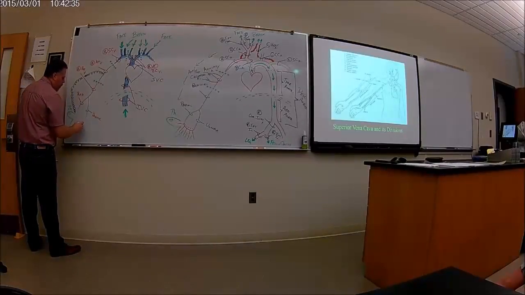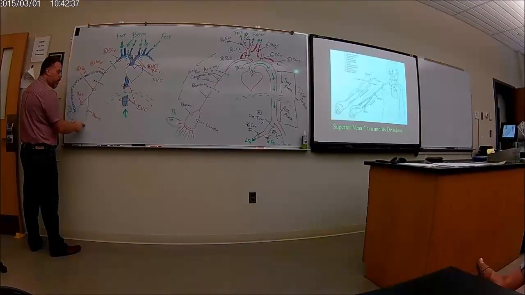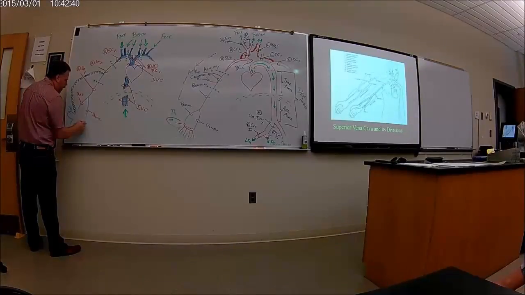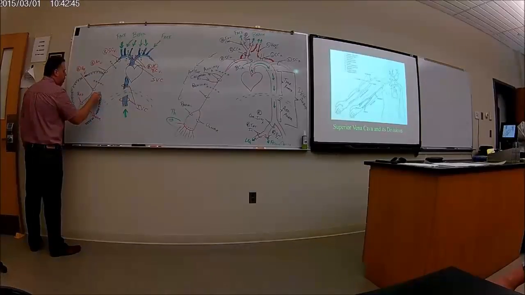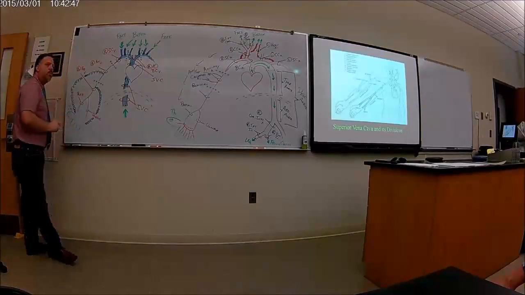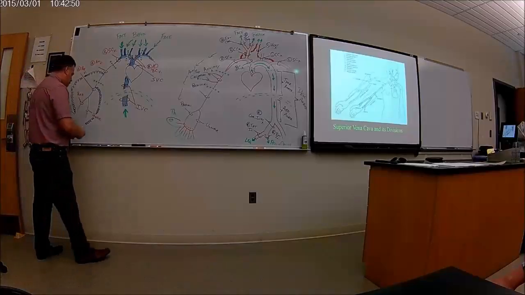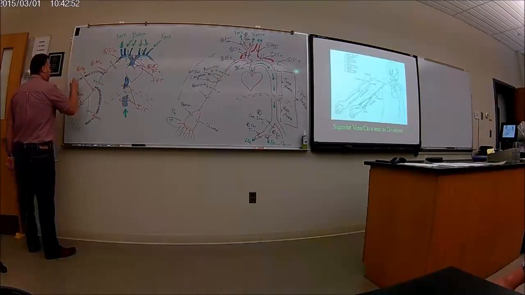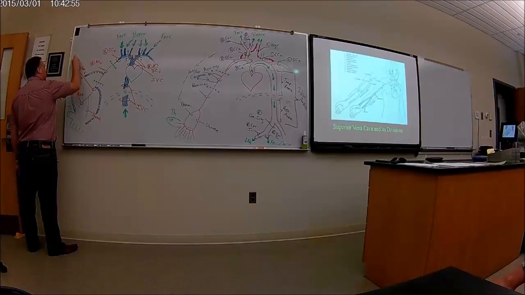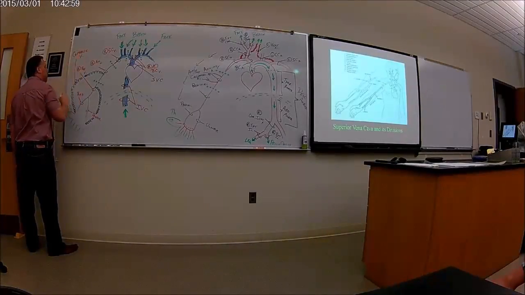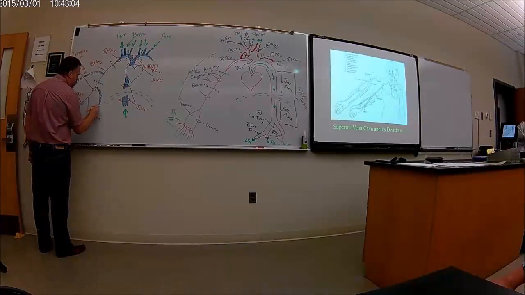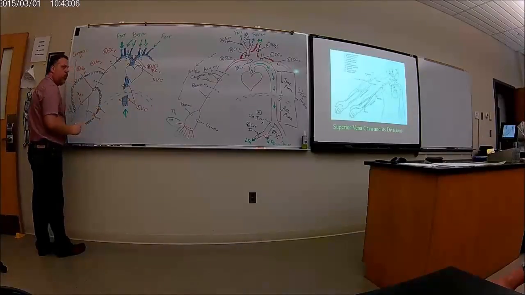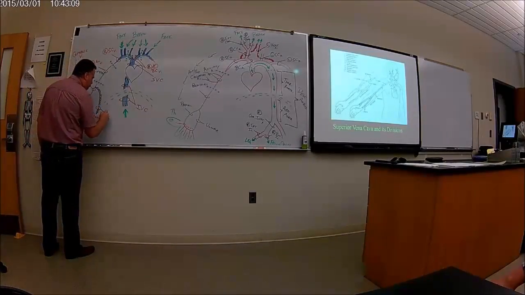We have another one from the ulnar wrist area, so the medial, and that comes up like this, and it connects into the brachial vein. This lateral one is called the cephalic vein. The one that's medial, that's next to the body, is the basilic.